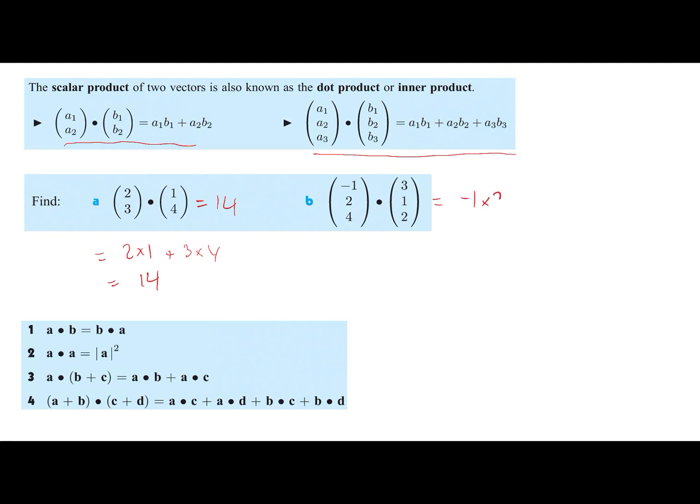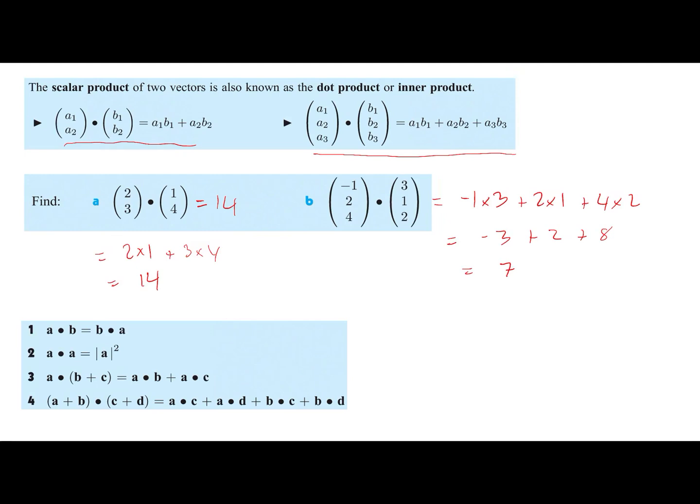It also works in 3 dimensions with an x, y, z vector. So it'd be minus 1 times 3 plus 2 times 1 plus 4 times 2. So it's minus 3 plus 2 plus 8 equals 7. So the dot product of these two vectors is 7.